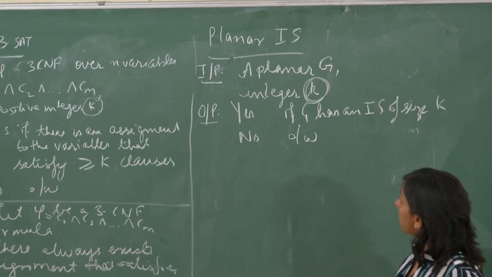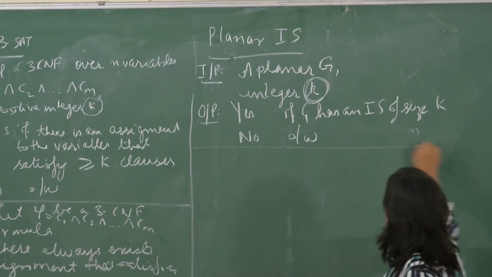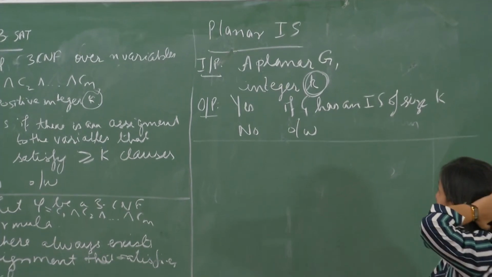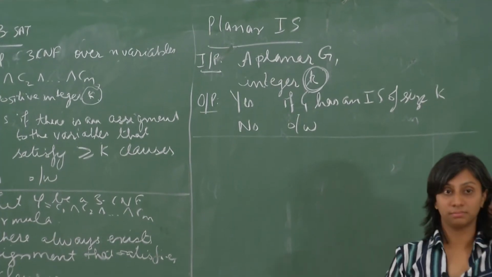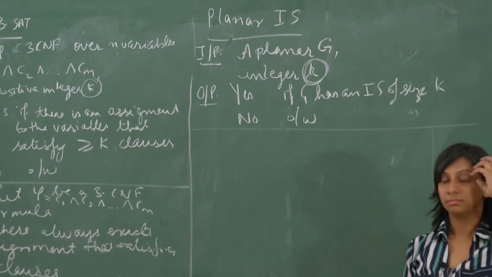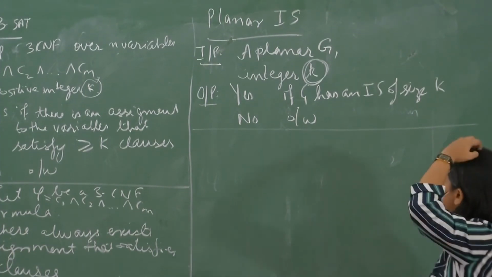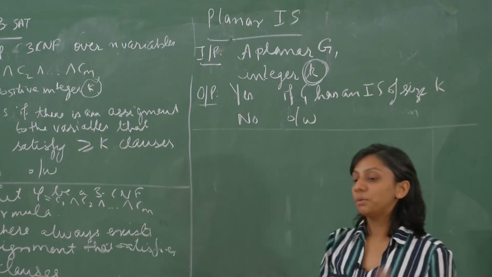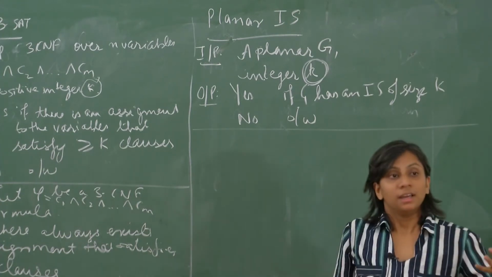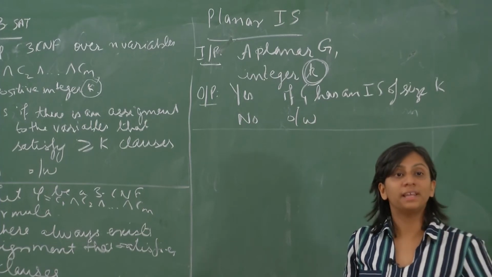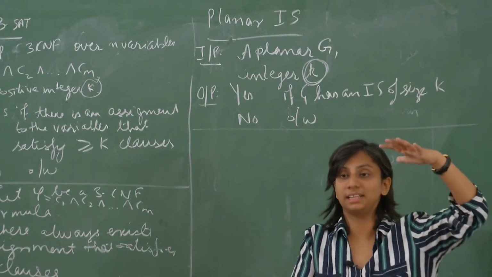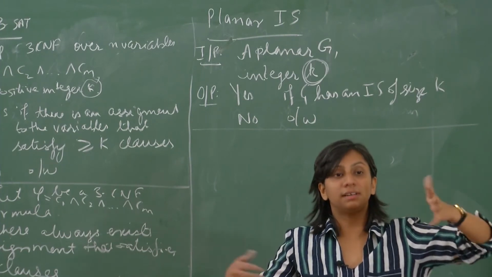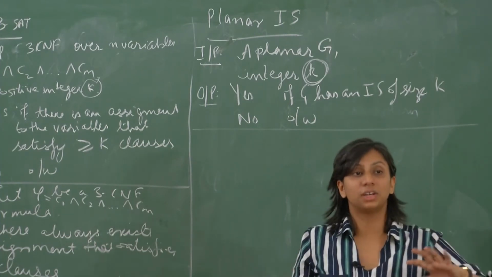So let's see, what can you say for independent set? Again, the kind of idea that you want to come up with is, suppose we can say that a planar graph always has at least this much independent set, then we can always return yes, and otherwise something of this sort.